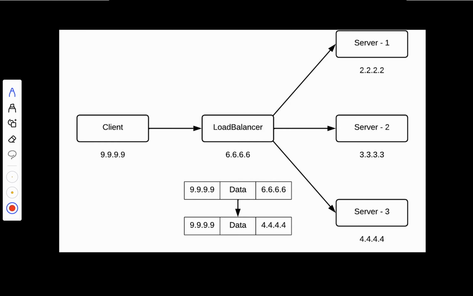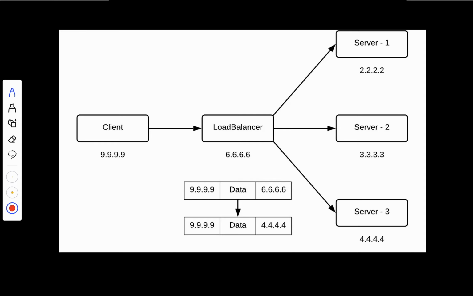Unlike Layer 4, which blindly forwards traffic, a Layer 7 load balancer can inspect incoming HTTPS requests and route them based on URL paths, request types, and even user location.